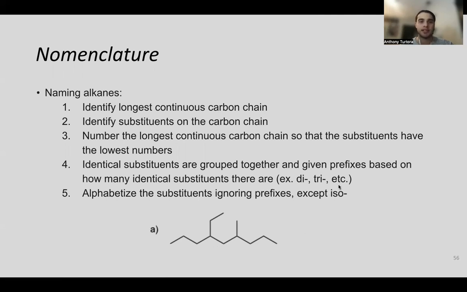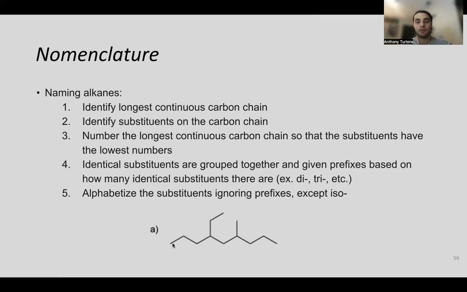And then also, if I had identical substituents, like we saw in the dibromo in the last problem, I'm going to use di, tri, etc., based on how many identical substituents there are. And then in total, when I am figuring out the order of putting them in, each substituent, when I'm naming the full molecule, I'm just going to alphabetize it.